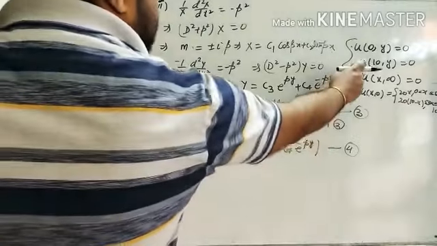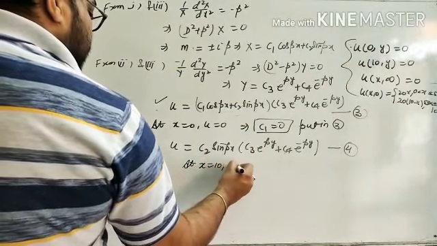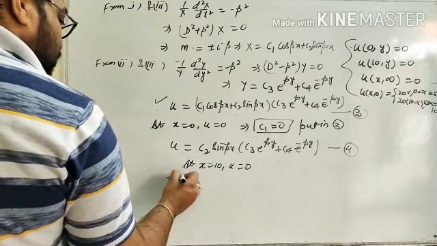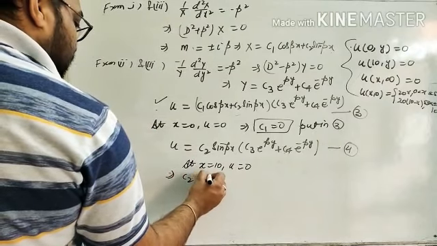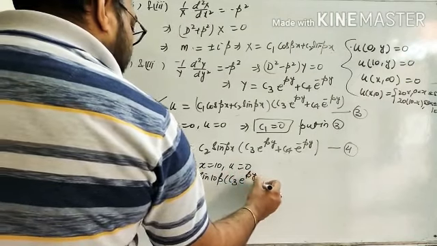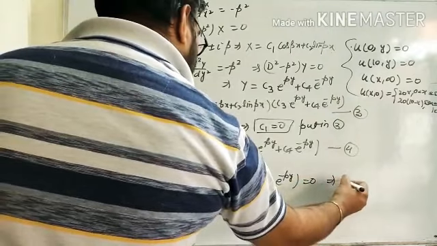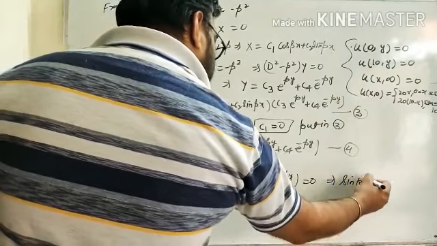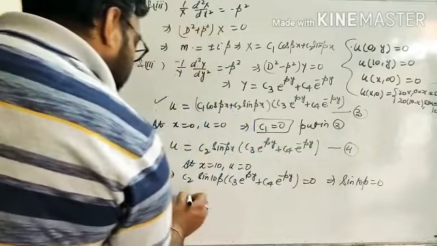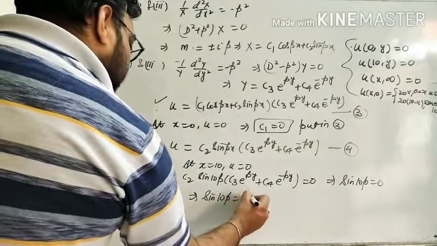Now we have to apply the second condition, that is at x equals to 10, u is equal to 0. So C2 sin 10p (C3 e raised to power py plus C4 e raised to power minus py) is equal to 0. So from here we can only put sin 10p is equal to 0. That is, sin 10p is equal to sin n pi.